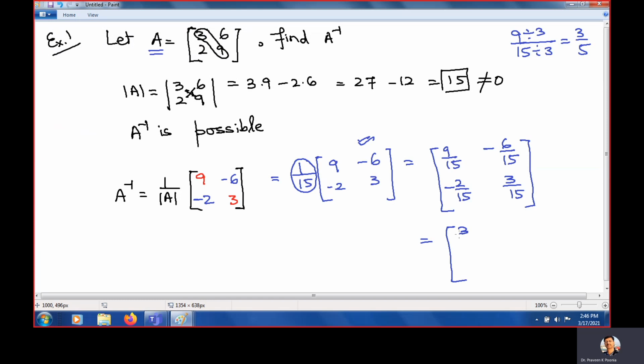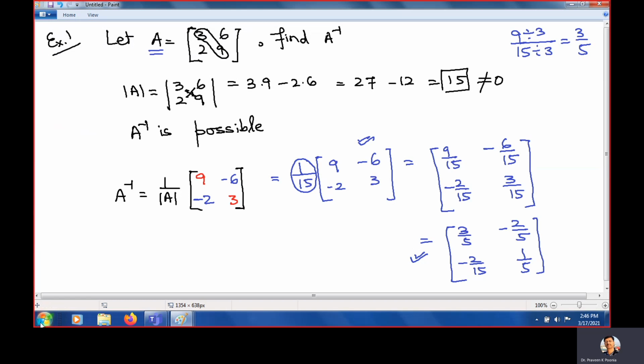So 3 upon 5 is the lowest term. Similarly, minus 2 upon 5. This is minus 2 upon 15 and this is 1 upon 5. This is the exact solution of A inverse. This is the exact value of A inverse.